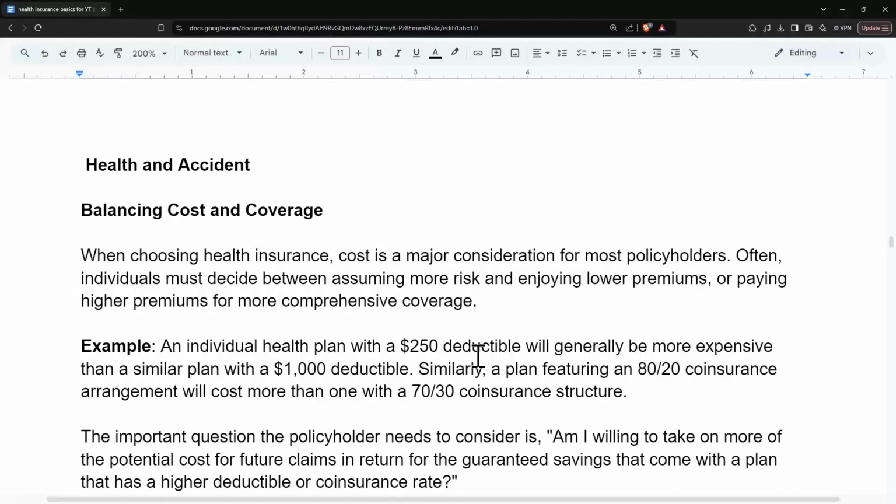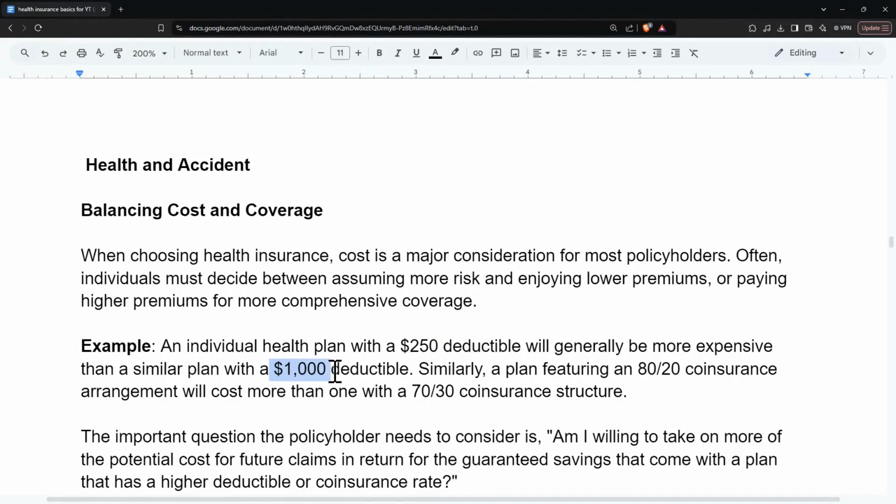An individual health plan with a $250 deductible will generally be more expensive than a similar plan with a $1,000 deductible, right? Because the insured is only liable for the $250 at the visit, whereas anything over that, the insurance company has to pay.